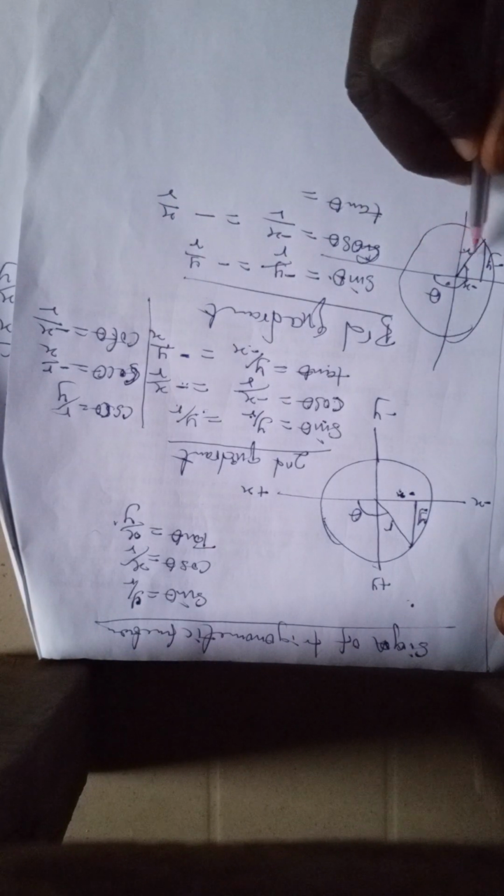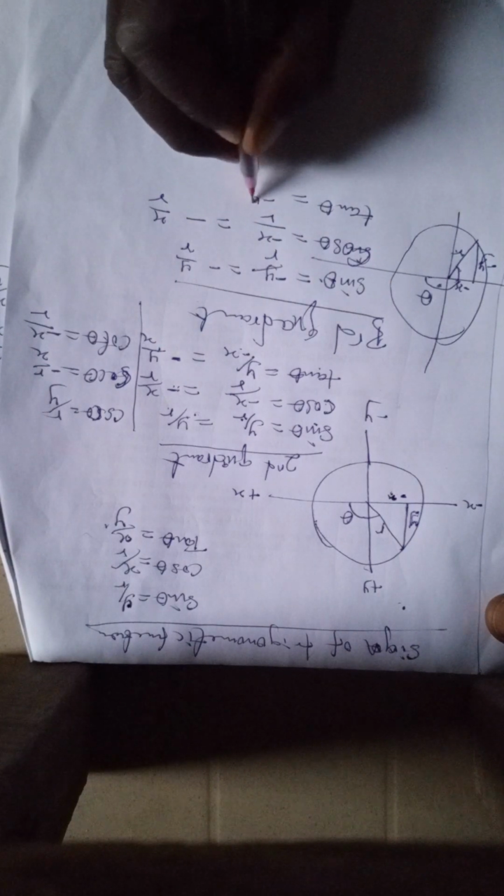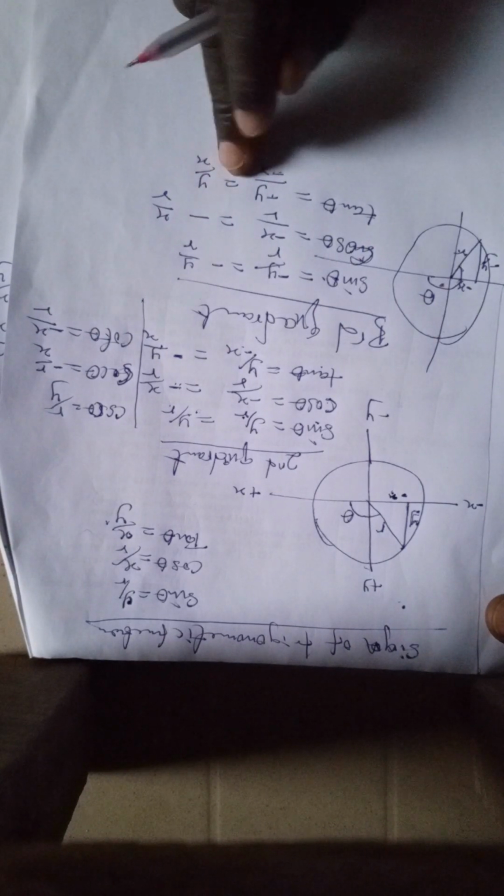Tan theta is opposite over adjacent, so we have minus y over minus x; we cancel the minus signs, so this is y over x, and this is positive.